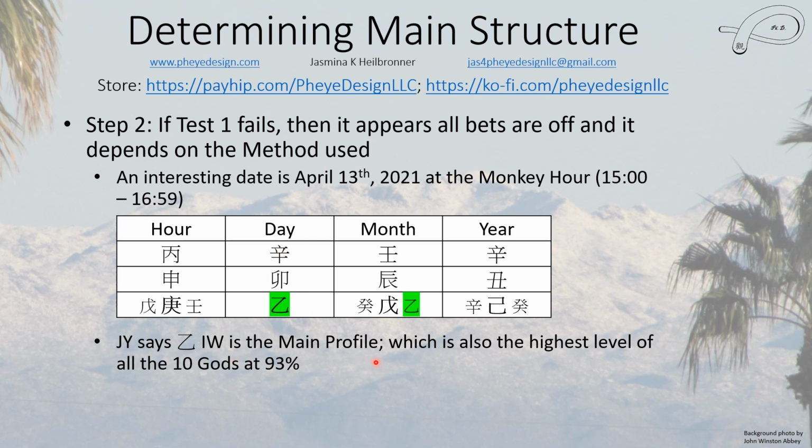That's the main profile, and he lists this at 83%, quite high, even though this is the only piece of the yin wood that's here. We do have water that really helps, although this isn't the best water for it, but we do have this water. This is what it needs. So it's probably pretty strong.